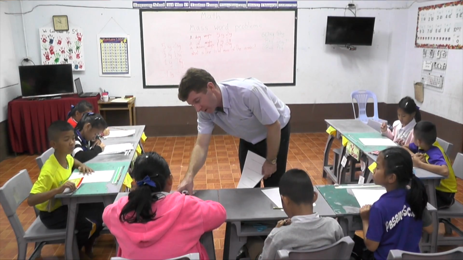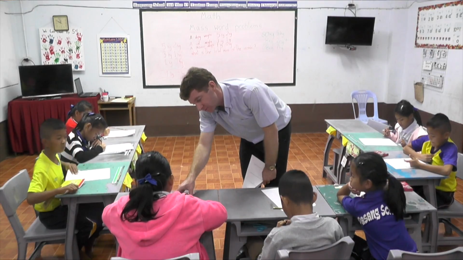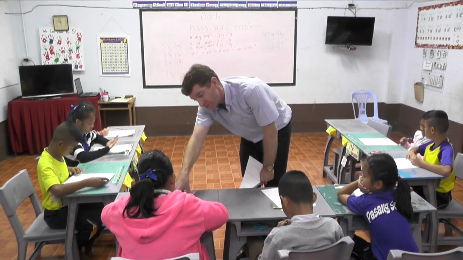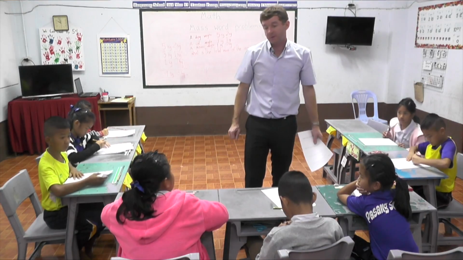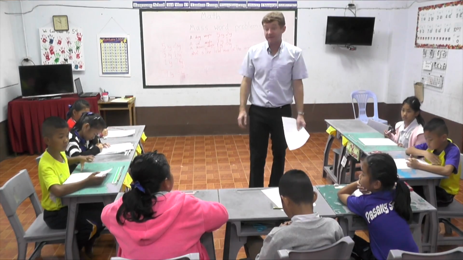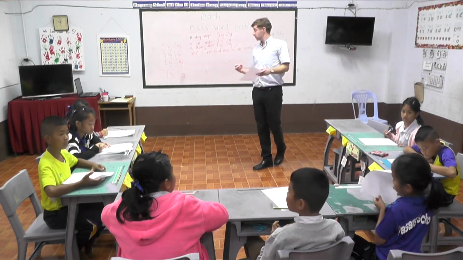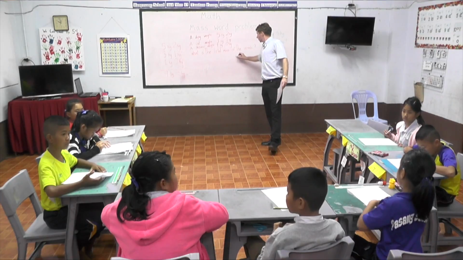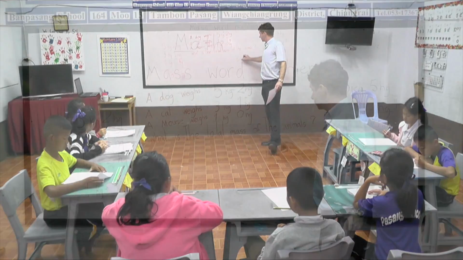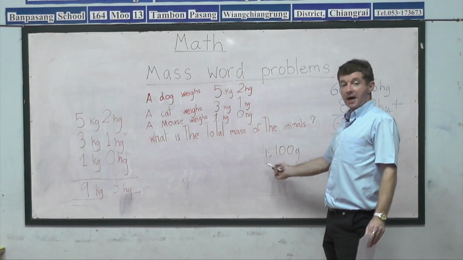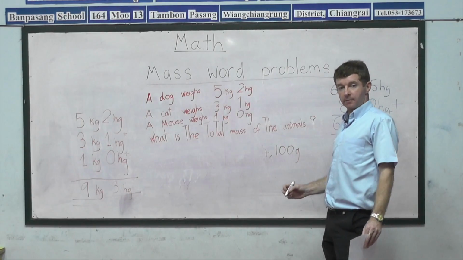So the bag of grain weighs 80 hectograms. Which is heavier, 80 hectograms or 41 hectograms? 80 hectograms is heavier. We'll do it together. How many grams? 4,100 grams.